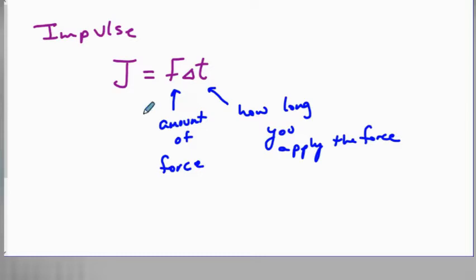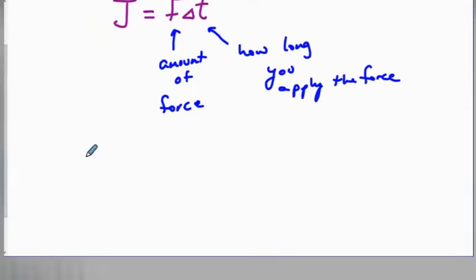The impulse, J, is influenced by two things. First of all, how much force was applied to cause it to have this change in momentum, and how long was the force applied for? The longer you apply the force, the greater the result that you're going to have, so the more impulse. So as an example, let's say that we applied a force of 125 newtons.